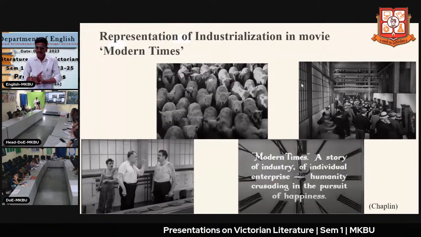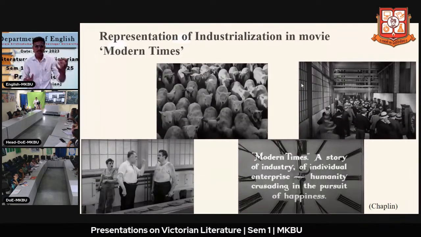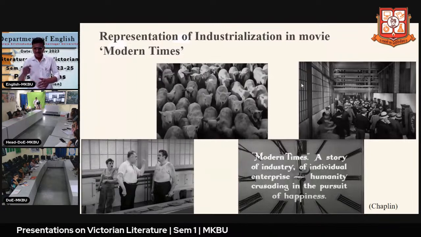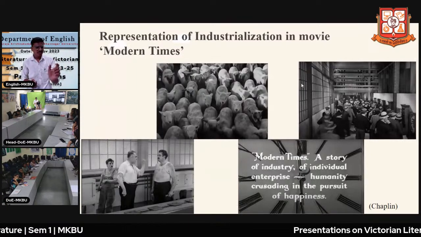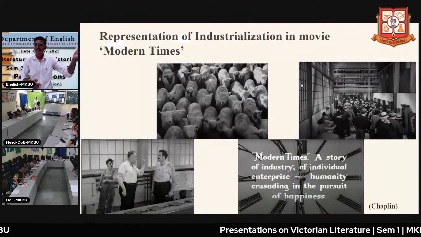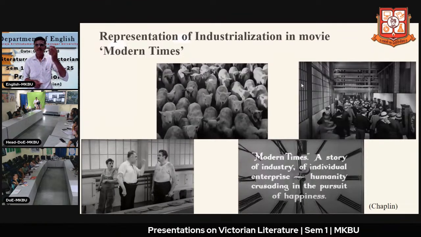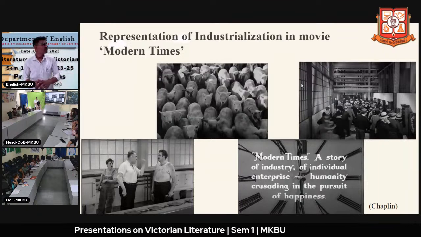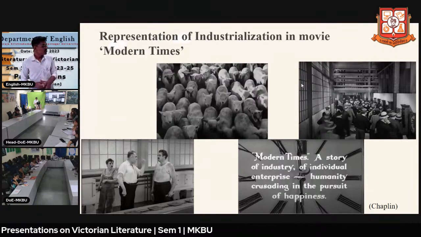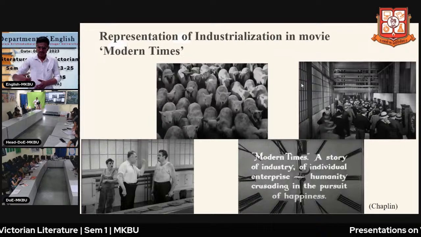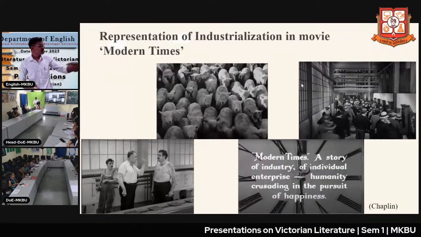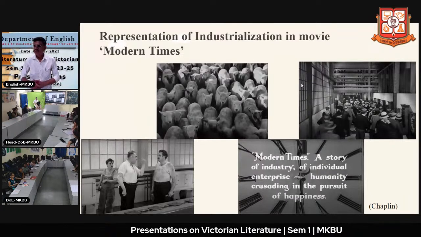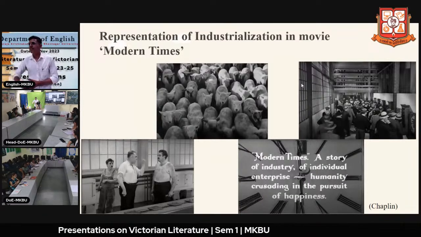Representation of industrialism in the movie Modern Times, how is it represented? First of all, when the movie starts, we get the first reference, as we have seen in the novel too. The sheep are going to work, a flock going to get food, and in the same way, in this other picture, people are going into the factories for getting a job.